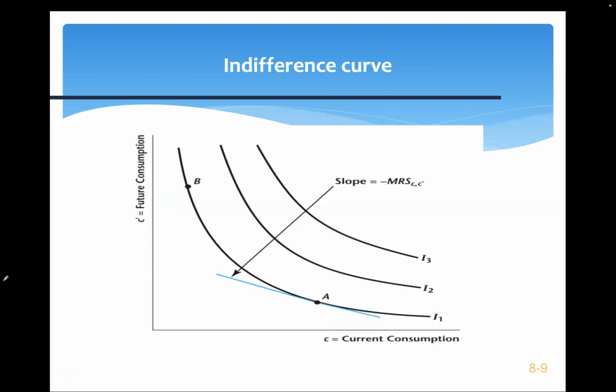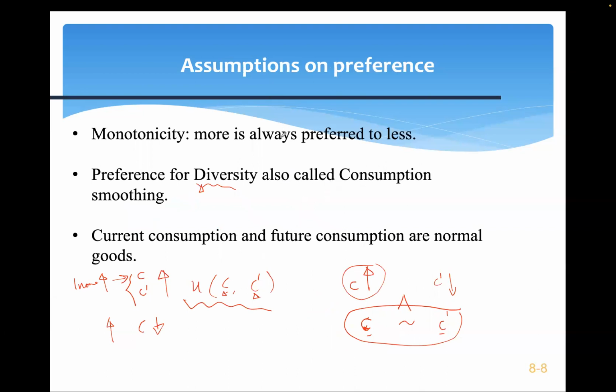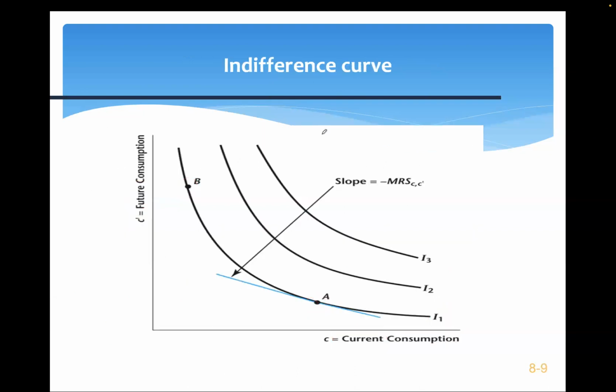Start with the first one. The indifference curve is downward sloping. And why is it downward sloping? This comes from the fact in the previous slides: more is always preferred to less. Now let's see what happens. So you start with B. Okay. If you decrease my C prime, okay, because more is always preferred to less.